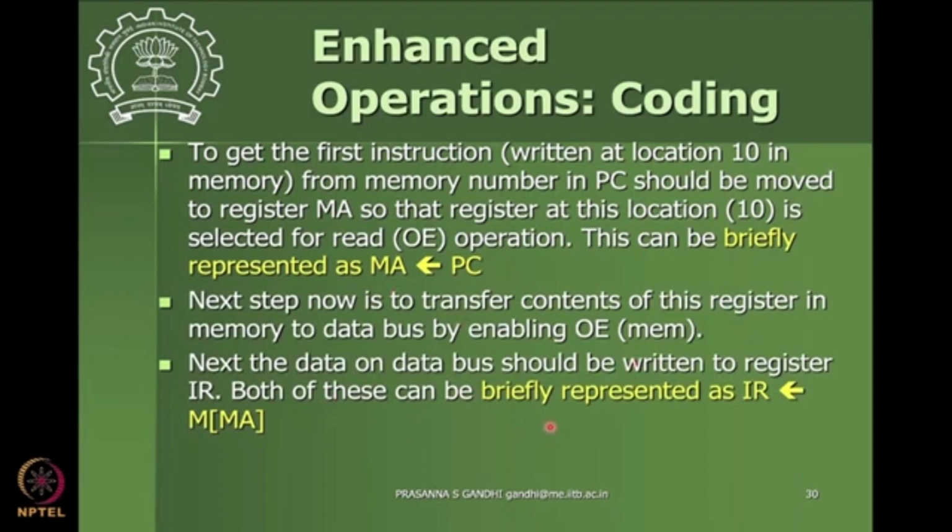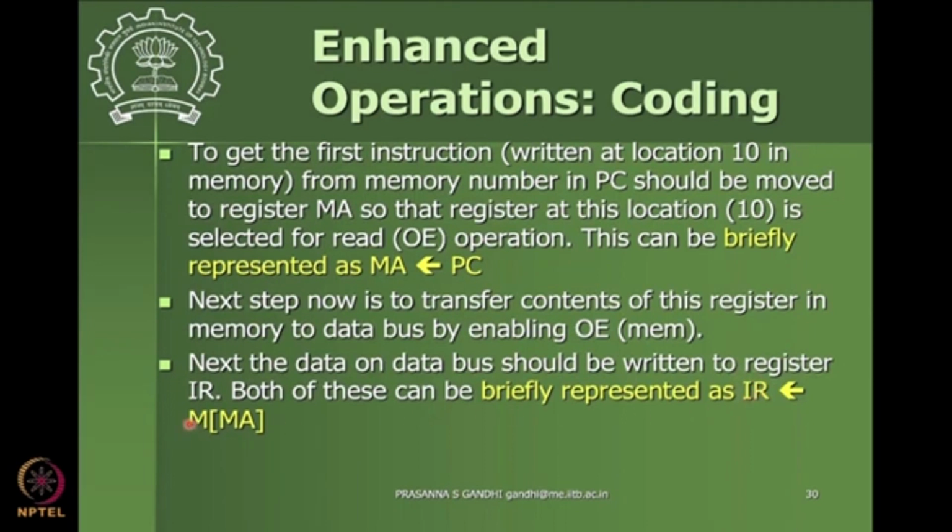Now for the next instruction that we want to see, the memory address will be given by the program counter register, which is now holding the memory address, pointing to some memory location. The data from that memory location needs to be fetched and transferred to the IR register.